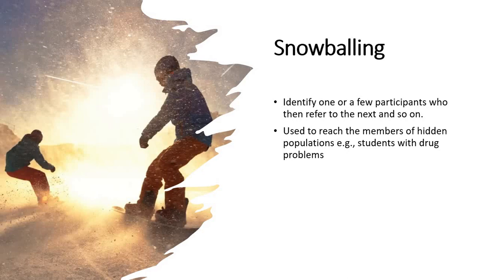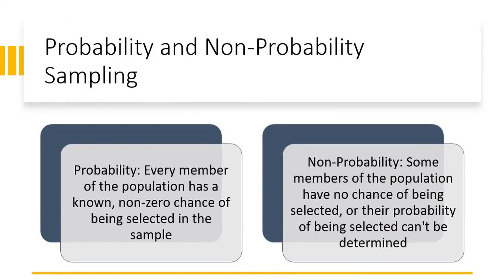These sampling approaches can be classified into two broad groups, which are referred to as probability and non-probability sampling techniques. In probability sampling, every member of the population has a known, non-zero chance of being selected in the sample. But in non-probability sampling, some members of the population have no chance of being selected, or their probability of being selected can't be determined.